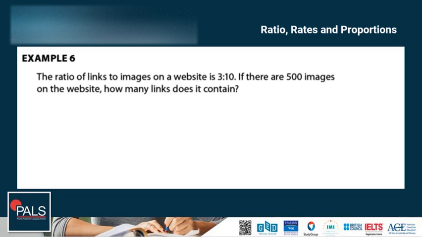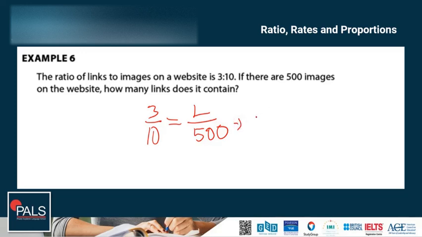So first, again, let us set up the proportion. 3:10 is equal to L, let's represent L as the links, is to 500 images.